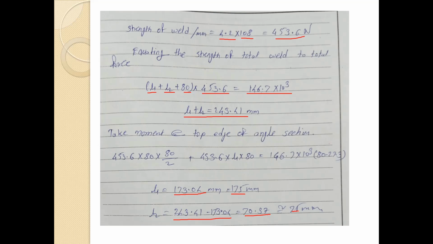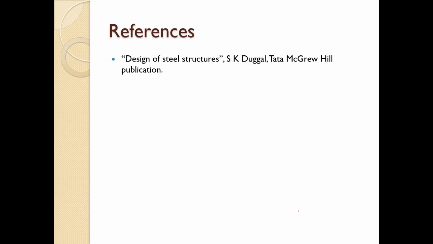So this way we can calculate when the weld is provided from three sides, or in the earlier problem when the weld is provided only on two sides. So this is the welding for the angle section in the trusses. So the reference for today's lecture is the book Design of Steel Structures by S.K. Duggal, Tata McGraw-Hill publication. Thank you.